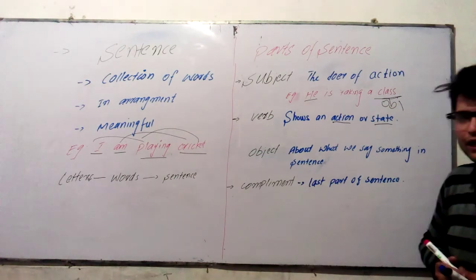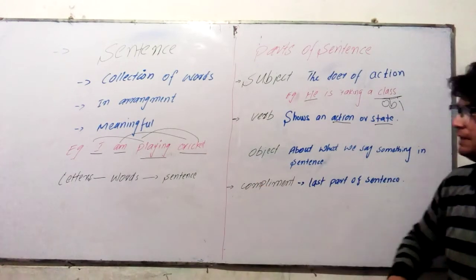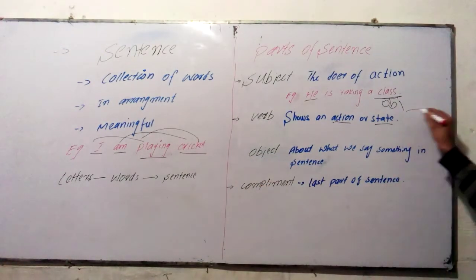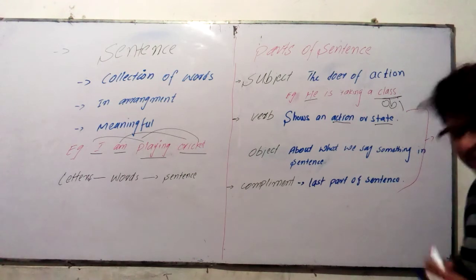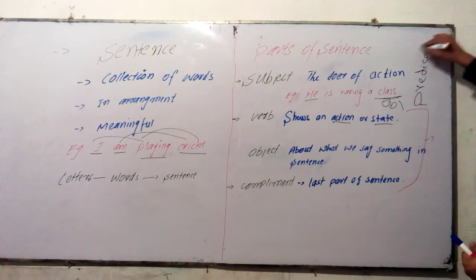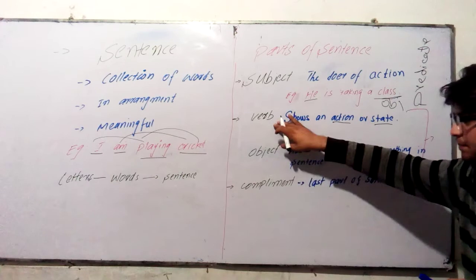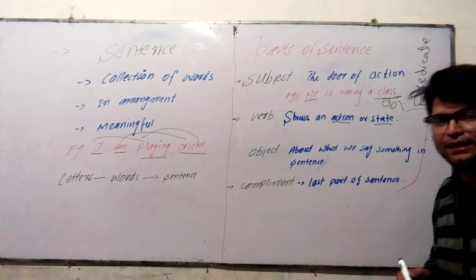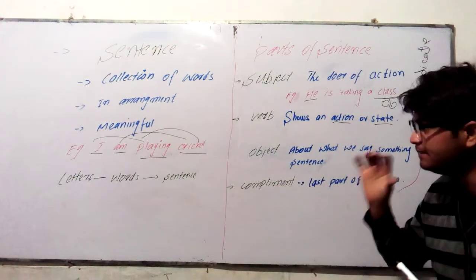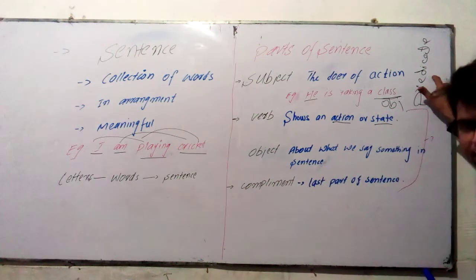And if we look at verb, object, complement, these three things combined are called predicate.